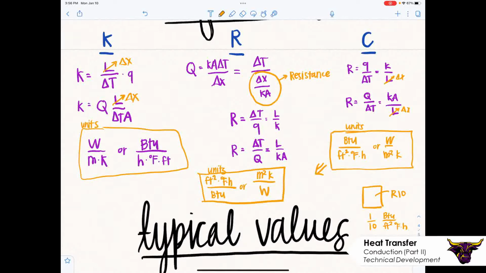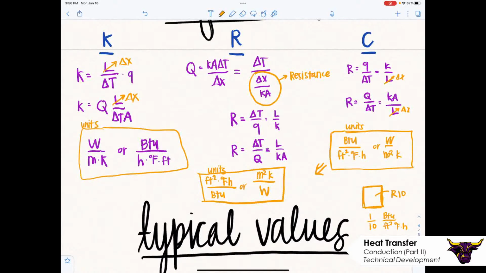So for this 1 foot squared, there's going to be 1/10 of a BTU lost for every degree Fahrenheit of delta T there is per hour. So those units make more sense than thinking of them in feet squared, degree Fahrenheit, hour per BTU.